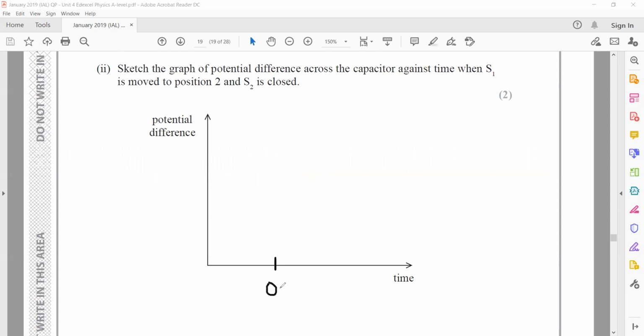And at 0.2 second, what was the voltage? The voltage was 0.7. The highest voltage was 6, and it was 0.7 volts. So it still means some of the voltage is there. Now what happened?